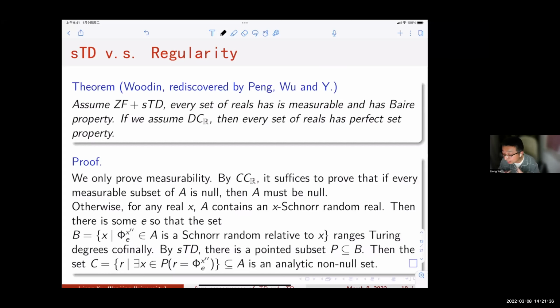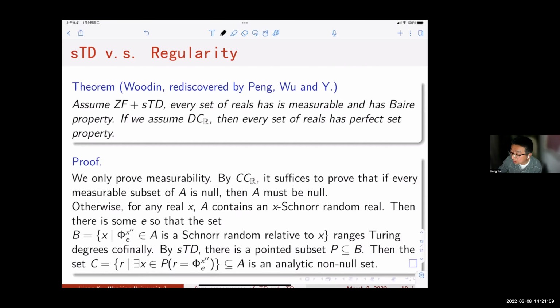Because TD implies CCR, and sTD implies TD, we know sTD implies CCR. So we just need to prove that if every measurable subset of A is null, then A must be null. If this is true, then every set of reals is measurable.